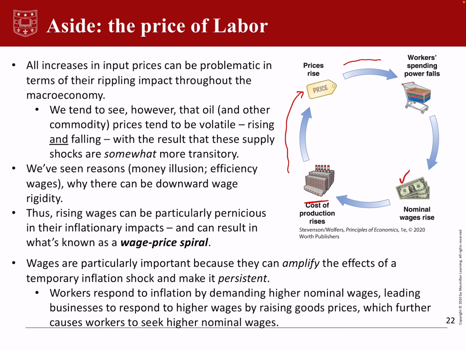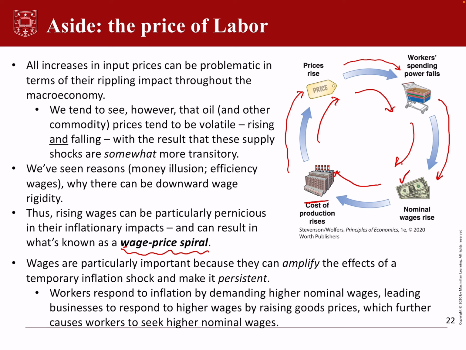That's going to mean that when we all go to shop for those things, our spending power is reduced, our purchasing power falls of a given amount of income that we have. And so we turn around to our employers and we'll try to the best of our ability to negotiate nominal wages. And to the extent that that cycle continues, so further escalation, further price increases, reduction in spending power, and so forth, we can enter into this notion of a wage price spiral.